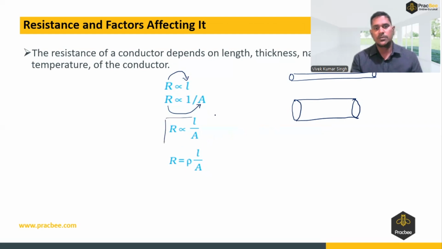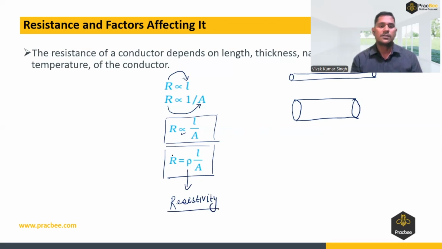So R is proportional to L upon A. If we remove the proportionality sign, we have to add a constant. So R is equal to rho L upon A, where rho is called resistivity. This resistivity does not depend upon resistance, length, and area. It's an independent quantity. It depends upon the property of the material and the temperature of the body.